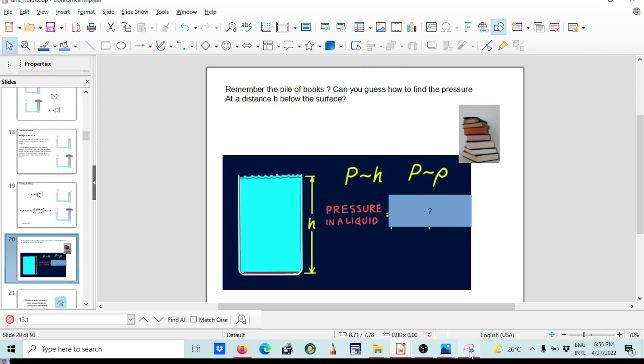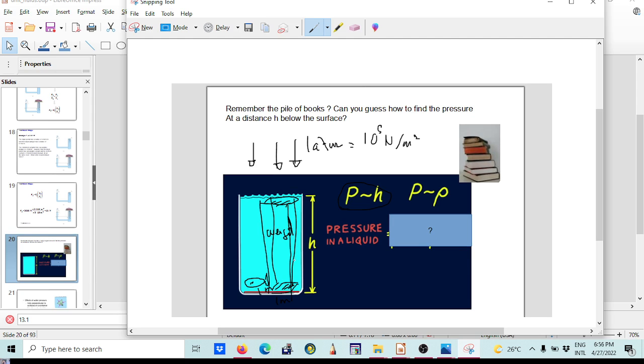Anyway, as the depth increases, the pressure is going to increase because it depends on the weight of the water, right? So what do you think the expression is for pressure? It's going to depend on the depth, how far you go down. It also depends on the density of the fluid.